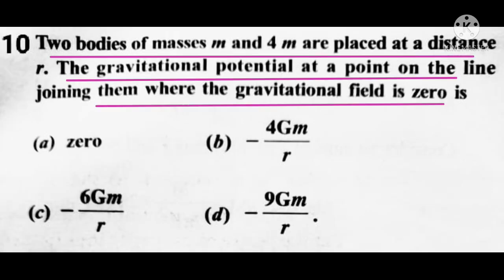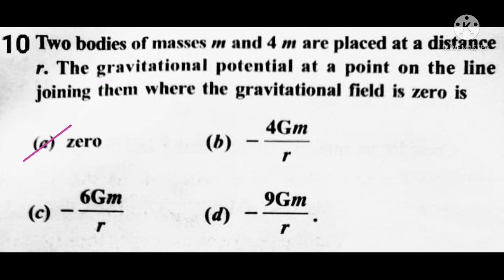Question number 10. Two bodies of mass m and 4m are placed at a distance r. The gravitational potential at a point on the line joining them where the gravitational field is 0 is: A option 0, B option minus 4Gm over r, C option minus 6Gm over r, D option minus 9Gm over r.